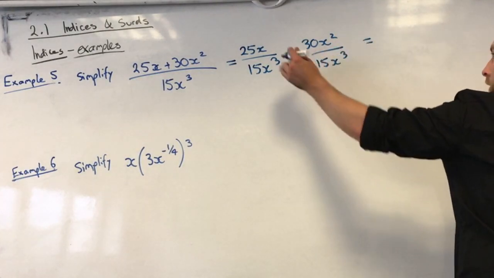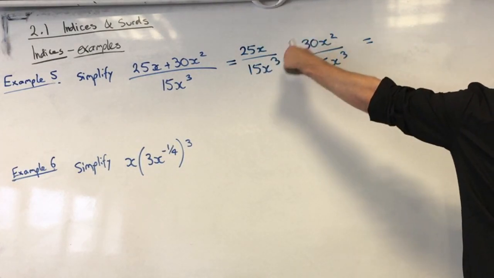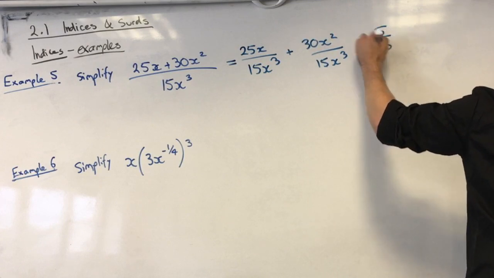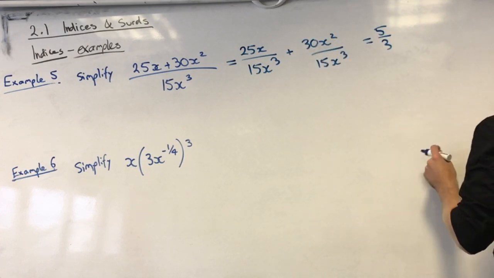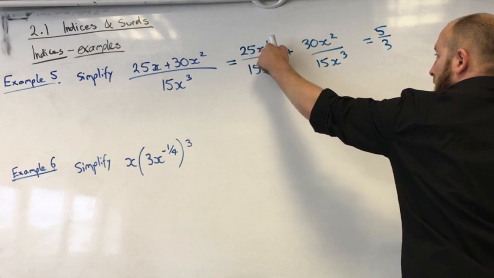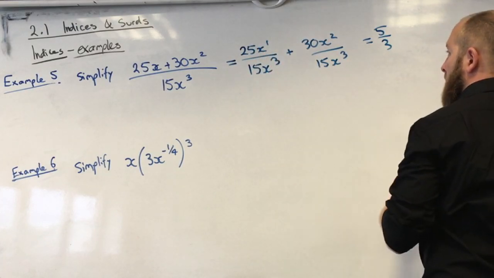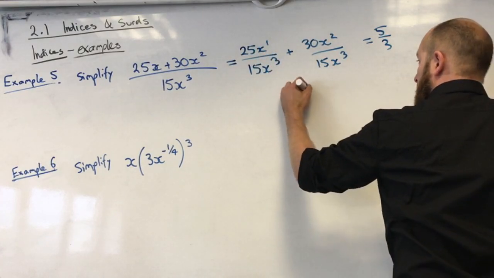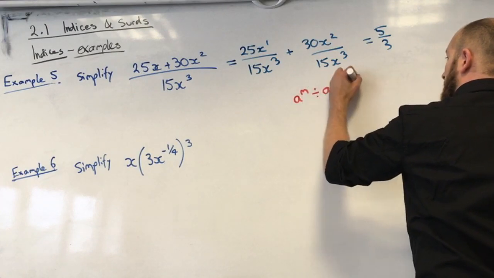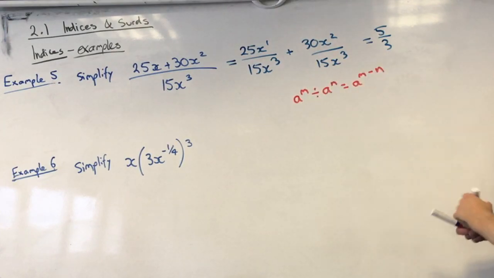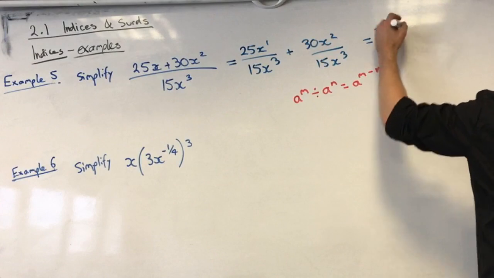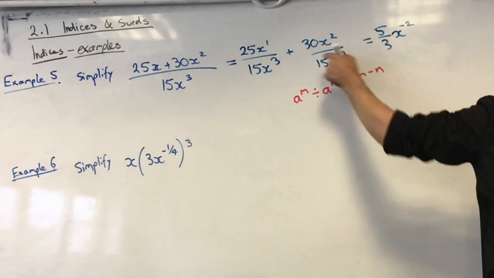So 25 over 15 is the same as 5 over 3, taking out a factor of 5. And then x to the 1 divided by x cubed. Remember our rule. So we can do 1 take 3, which gives us x to the minus 2.